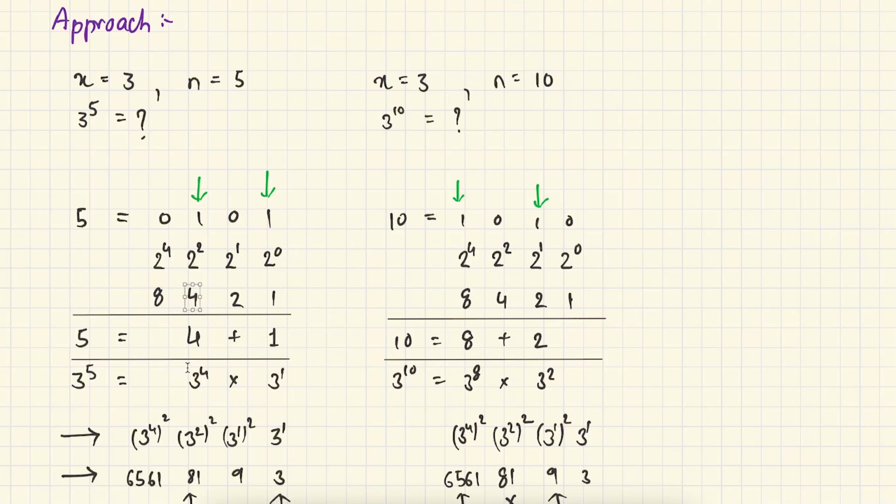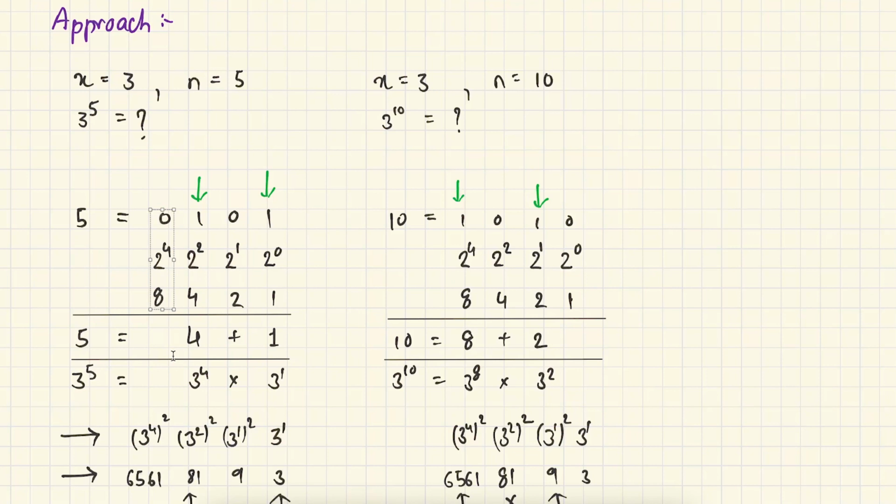So we calculate 3 to the power 4 and multiply it with this bit, and the value of this bit is 1. So the value of this bit is going to be 3 to the power 1. So if we multiply 3 to the power 1 with 3 to the power 4, we get 3 to the power 5, right? And we are doing this only for the set bits. We are simply ignoring the unset bit, right?